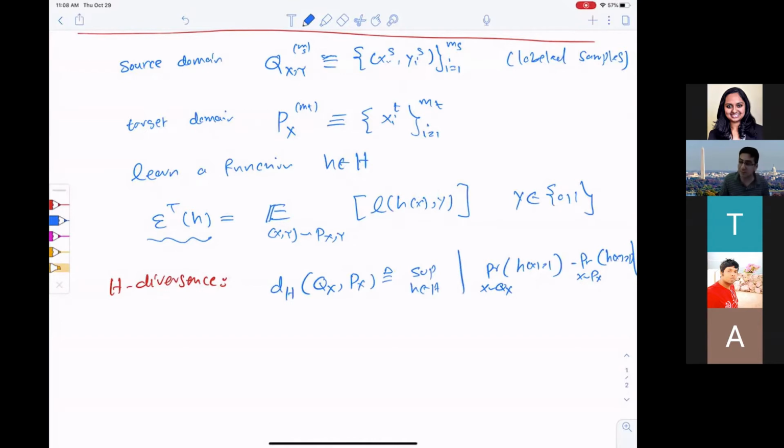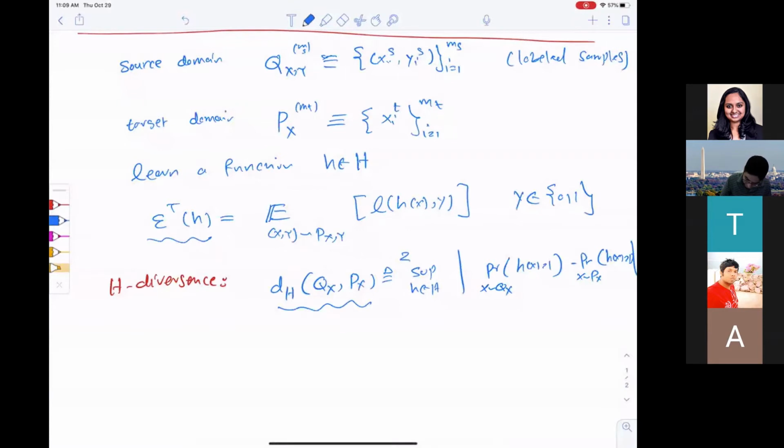So at the end of the last lecture, what we saw was that this quantity can be computed quite efficiently by training a classifier to classify source versus target unlabeled samples. In fact, there's a factor of 2 here.